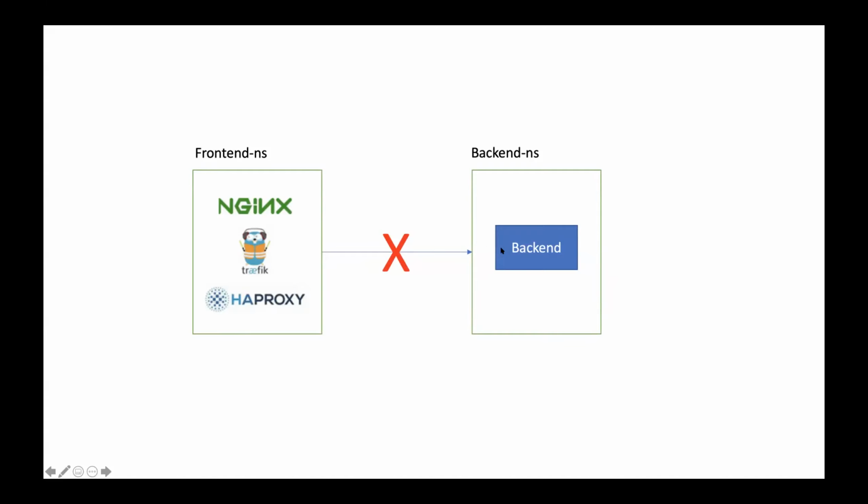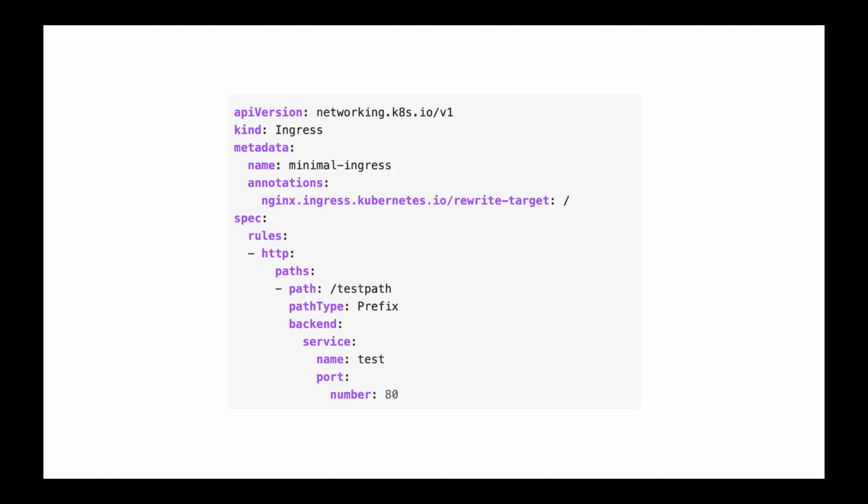So your application needs to be coupled into the same namespace that you deploy Nginx or Traefik or HAProxy into. And there's a Kubernetes issue about that. It was closed as a design decision, but still a lot of people are pretty grumbled about this, and I can understand. That's because this is the Kubernetes ingress rule.